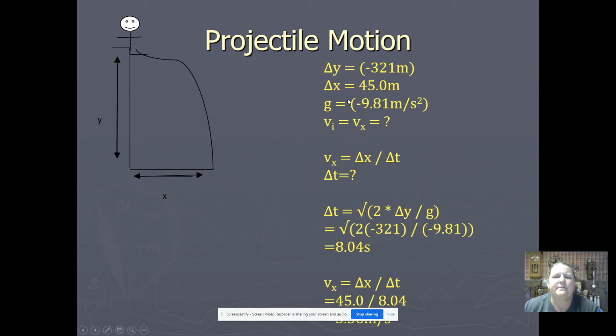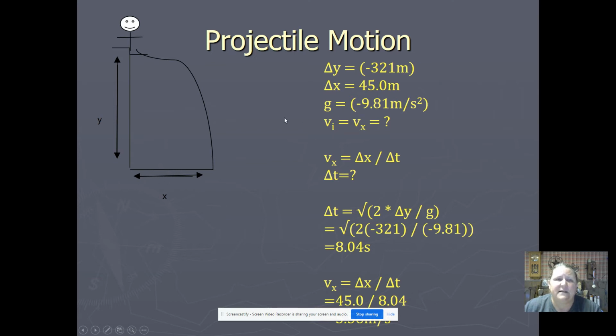We've covered that. And it wants you to find your initial velocity, the velocity at which you kicked it. How fast did it come off your foot? Meaning, how hard did you kick it? Your initial velocity is going to be the same as the velocity associated with this x component.